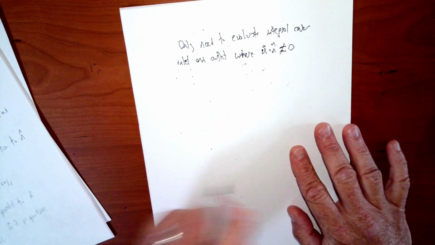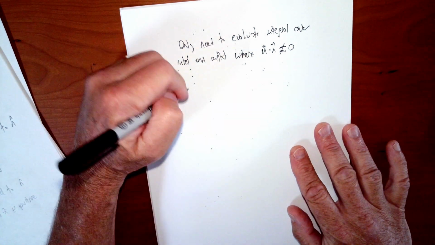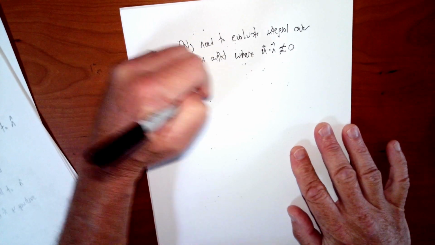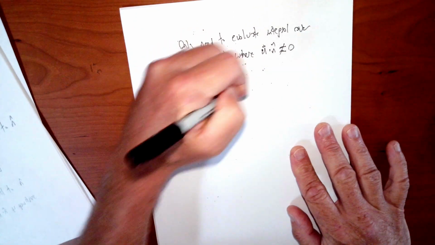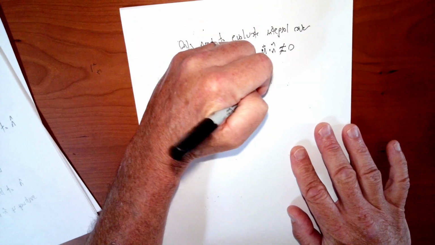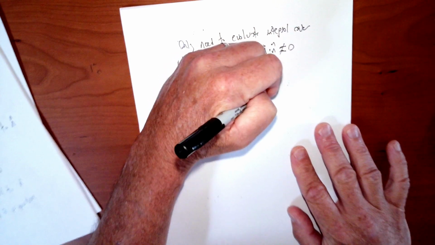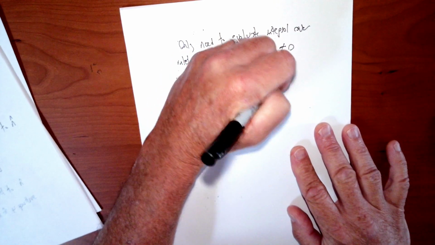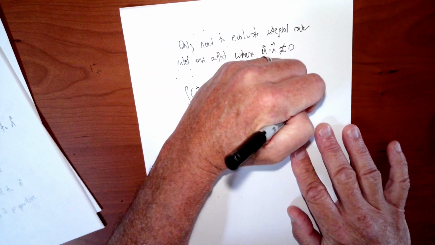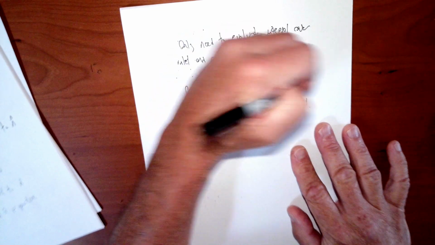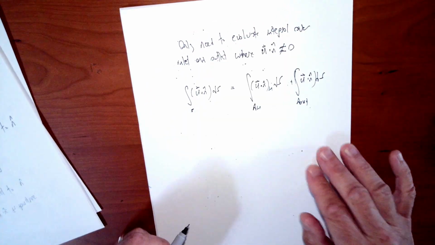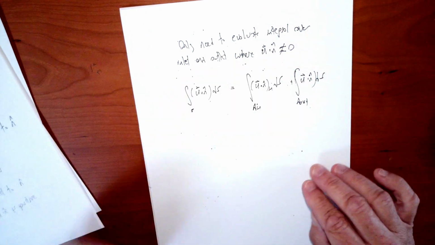So that whole integral over S of u dot n dS is equal to the integral over the inlet area of u dot n dS plus the integral over the outlet of u dot n dS. Those are the two that we have to actually do, because everywhere else this is 0.